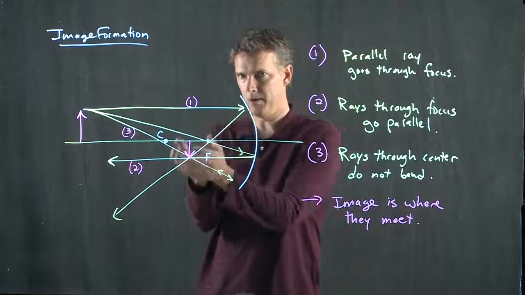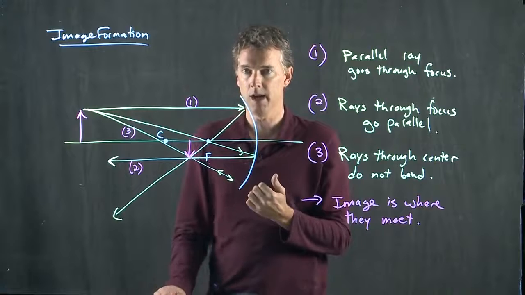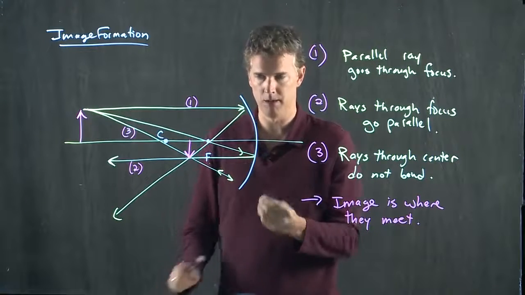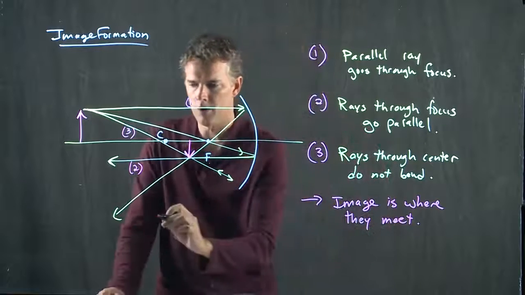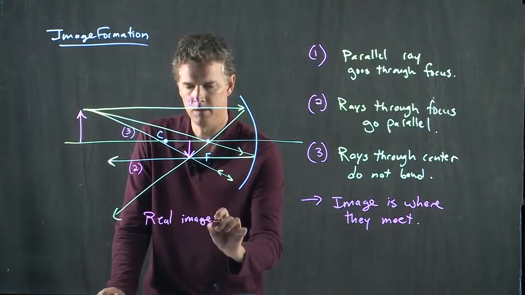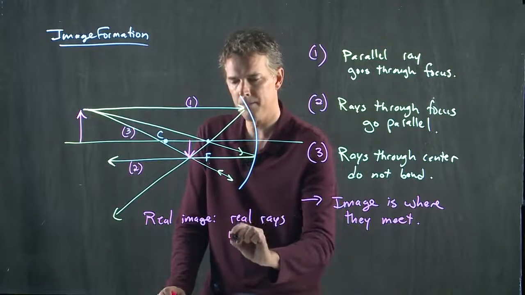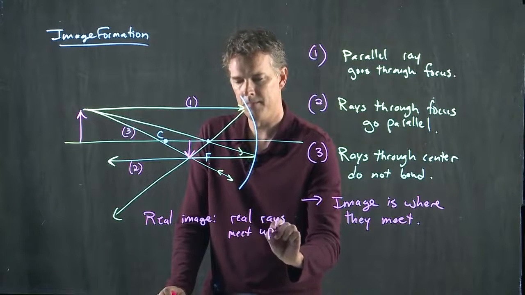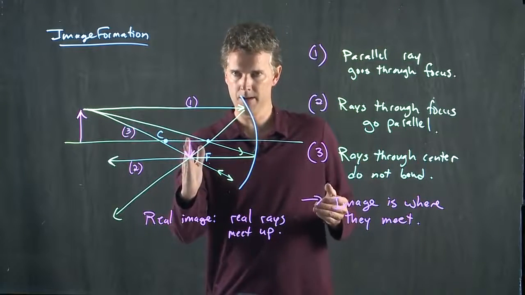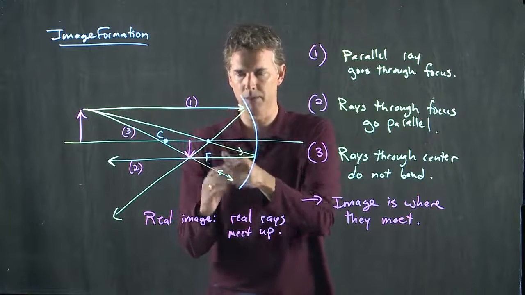Now, when we have image formation like this, you have to classify it as either a real image or an imaginary image, a virtual image. Images are real when real rays meet up. In other words, could I put a piece of paper there and form an image on it because real rays are coming to meet up with it?